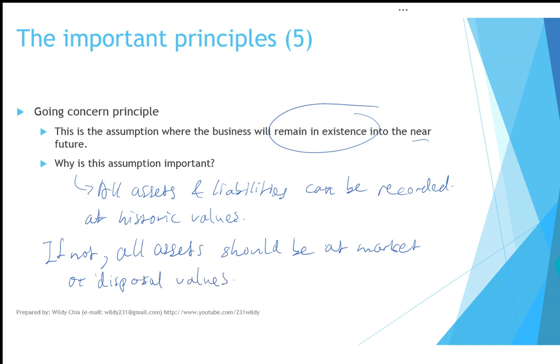So the going concern assumption does matter a lot because it actually determines what asset values you can use. Would it be historic cost, or would it be disposal values or market values? Usually, so long as the business is a going concern, this should never be necessary, because for all assets, you can just assume that historic costs will still be relevant.